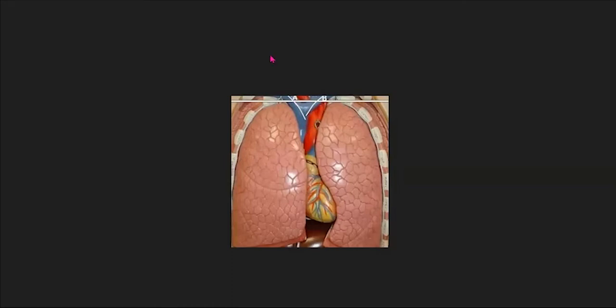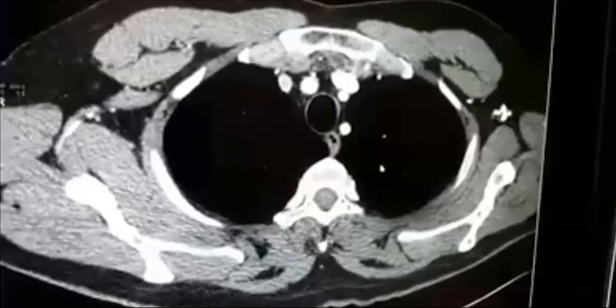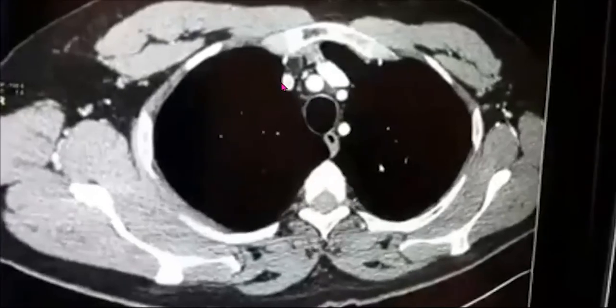Again, let us go back. Here you can again see the left brachiocephalic vein, and this is the right brachiocephalic vein. Let us play the video and look at these carefully. Now, as you can see, it is coming closer.